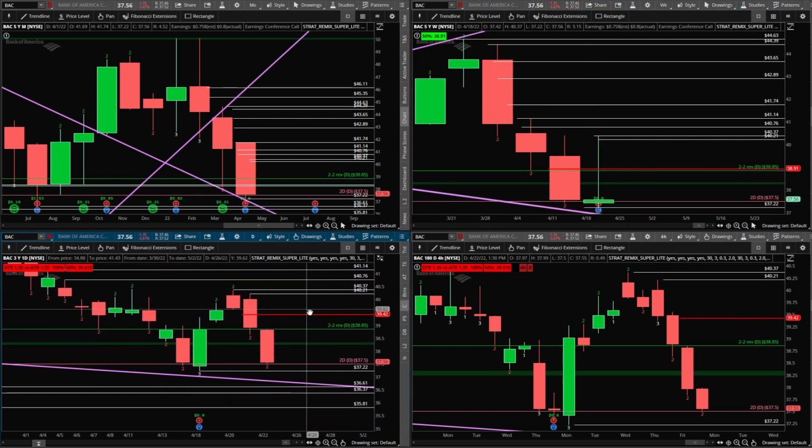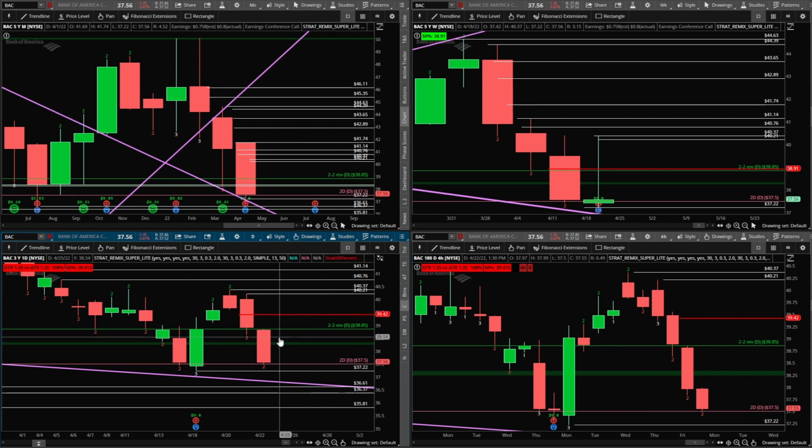That's just still a 2 down to me. There's no real body. The buyers just outweighed the sellers basically. But the sellers definitely took control of this candle and took it from 40.38 all the way down to roughly 37.50-ish. So that's the week, that's the month, and another 2 down continuation on the day.